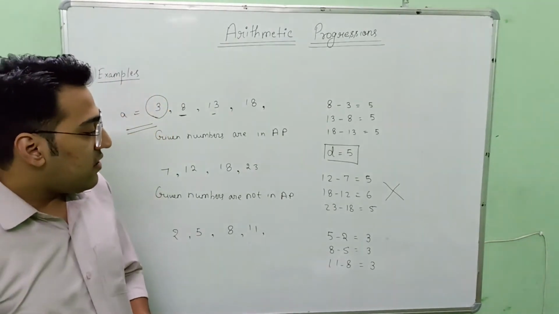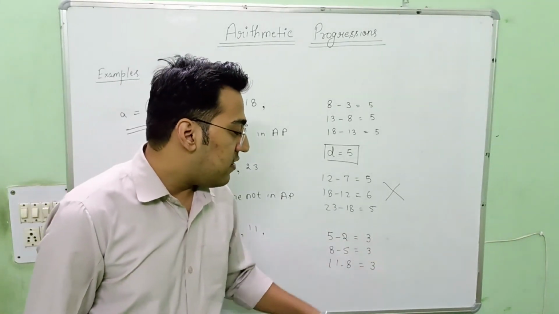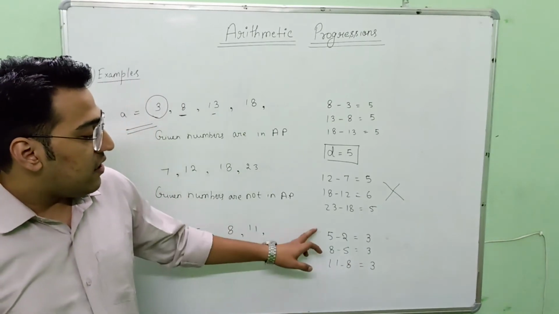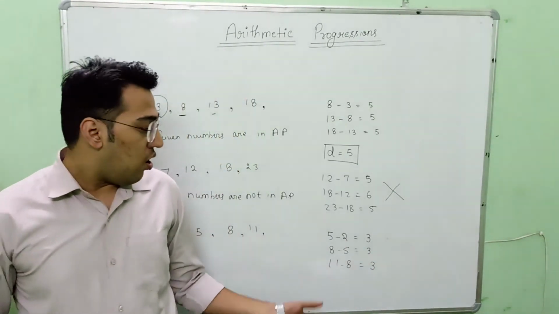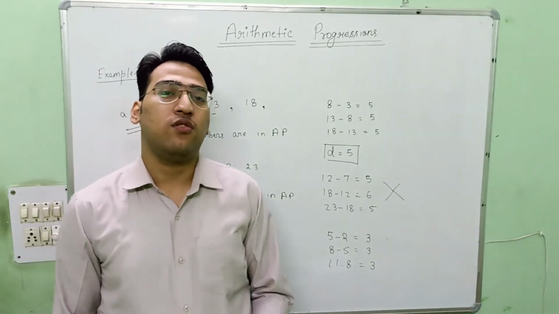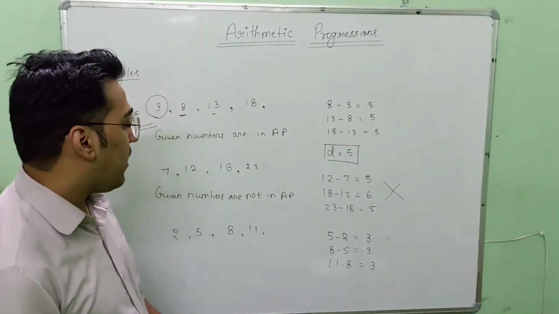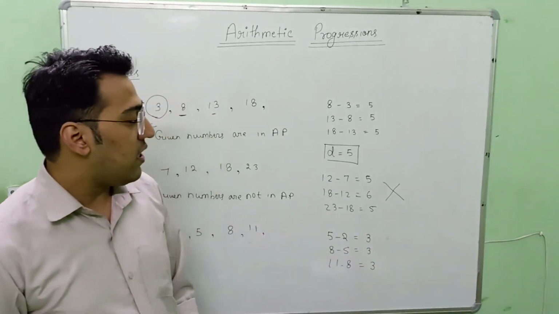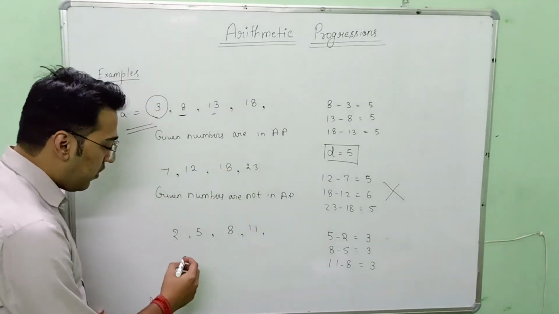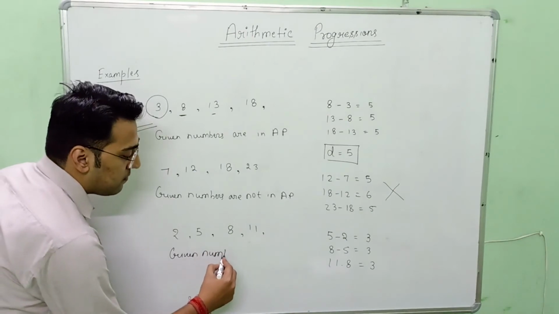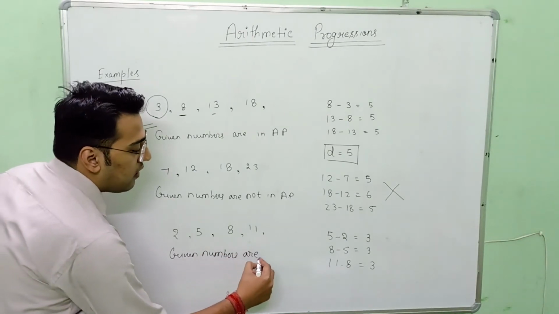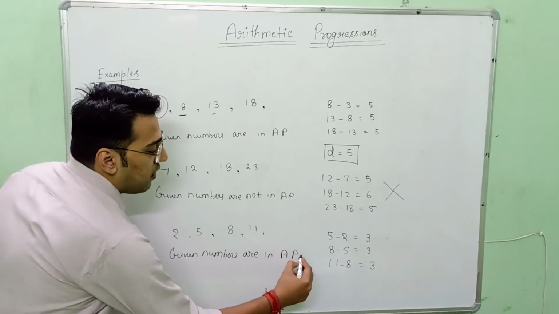This time the common difference is 3 and it is the same. 3 is the same in all the subtractions. So now we can clearly say 3 is the common difference, and so the given numbers are in AP.